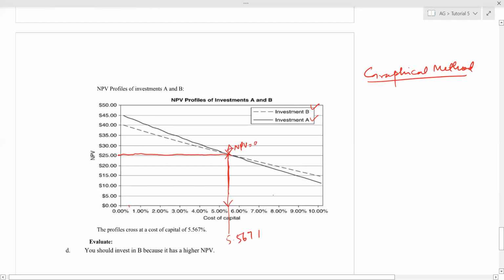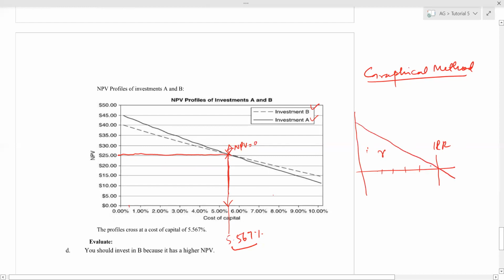Next question: once we have calculated this crossover rate, what is the purpose of this rate? Last time we knew we had an IRR, and that our cost of capital should be less than our IRR. If it is less, our NPV would be positive.